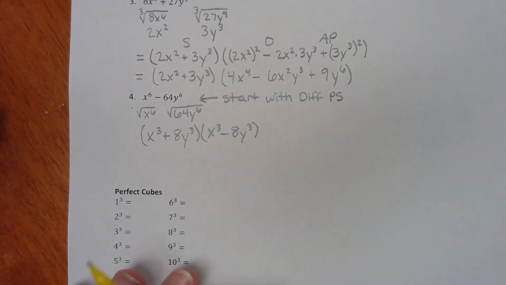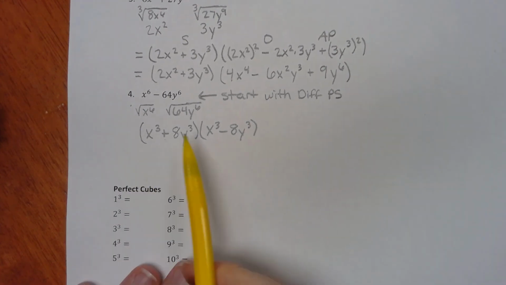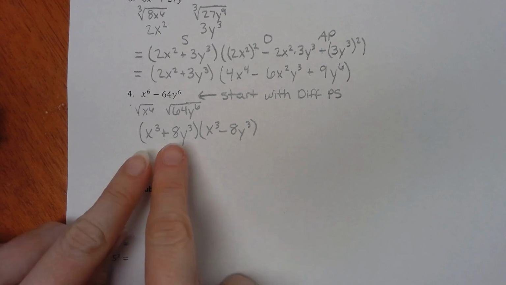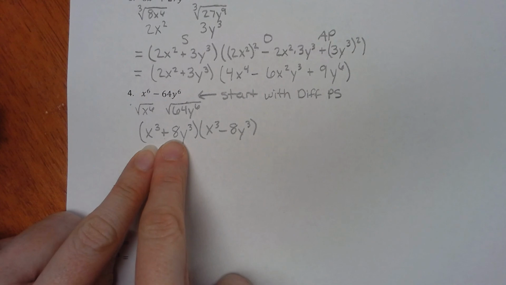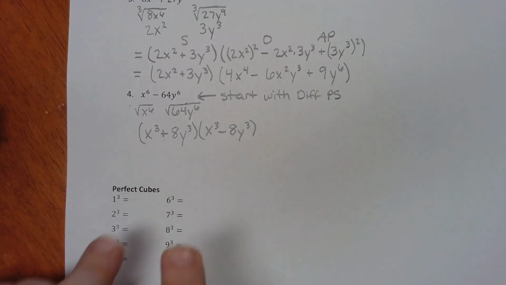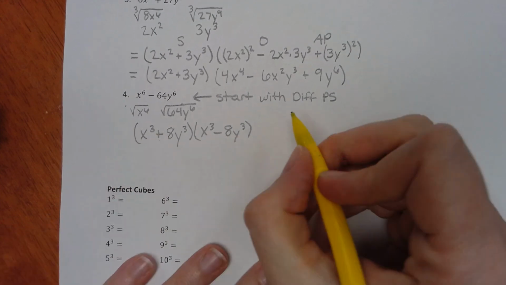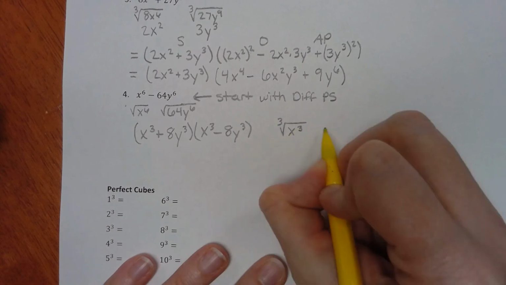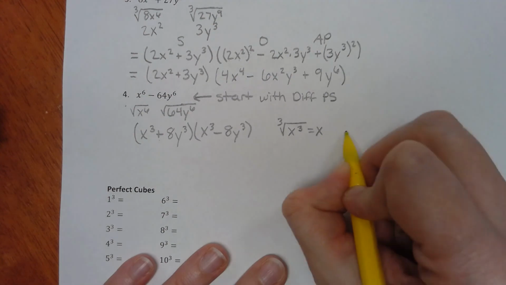We'll now notice our factors from the difference of squares. These are now perfect cubes, the sum and difference of cubes. So we have to factor both of those again. Let's first focus in on just the sum of cubes. Well, actually, because of our terms, let's just do the cube root of x to the third, which gives us x.